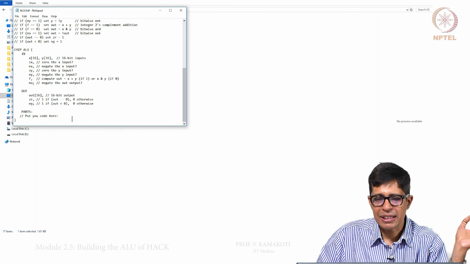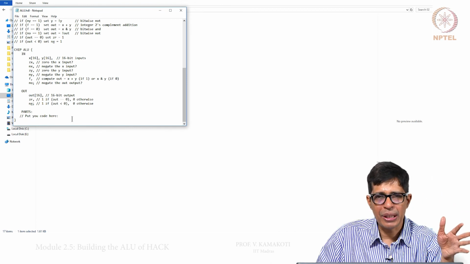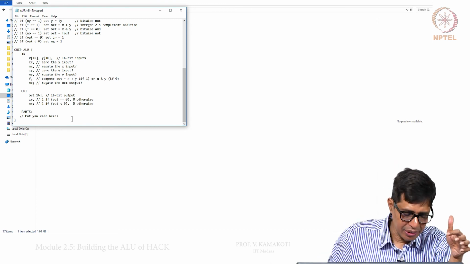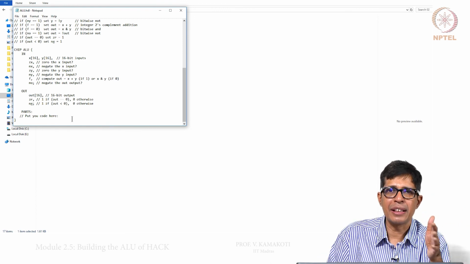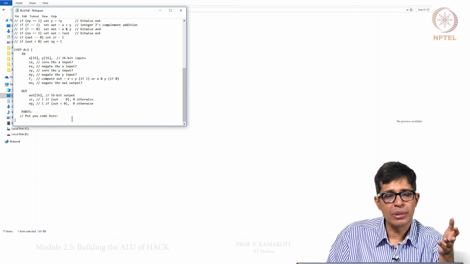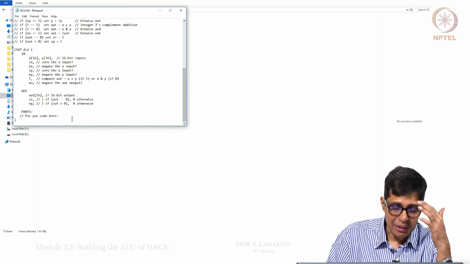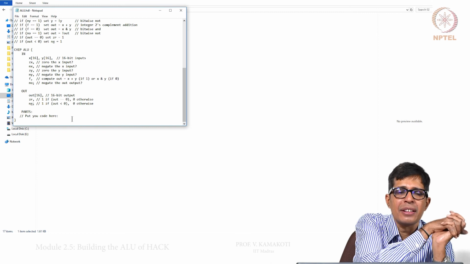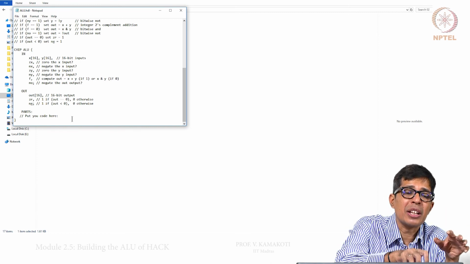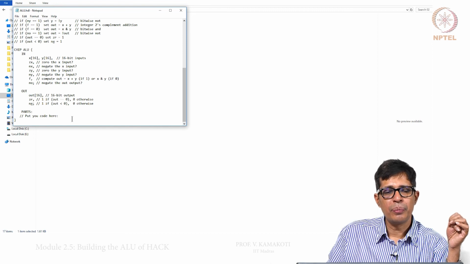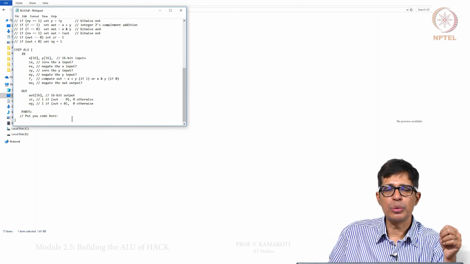So, we constructed a lot of building blocks in project 01 and now we have constructed these 4 circuits, namely half adder, full adder, adder and incrementer. Using these 4 plus whatever we did in project 01, those are the basic building blocks for building this ALU. So, with this we complete module 2.